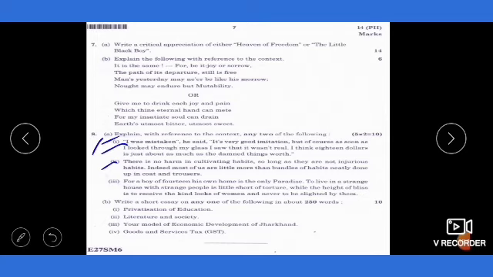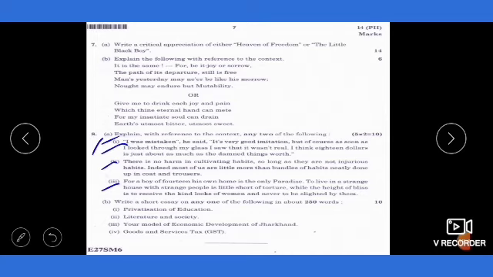Indeed, most of us are little more than bundles of habits neatly done up in coat and trousers. 3. For a boy of 14, his own home is the only paradise. To live in a strange house with strange people is little short of torture, while the height of bliss is to receive the kind looks of women, never to be slighted by them.